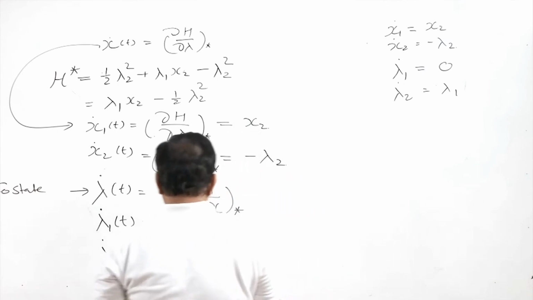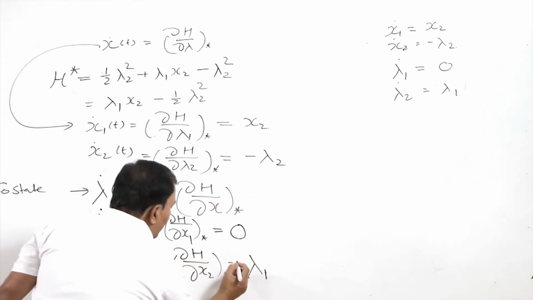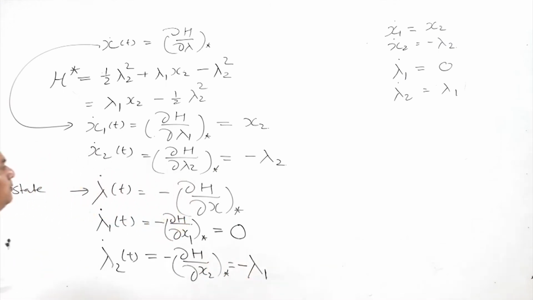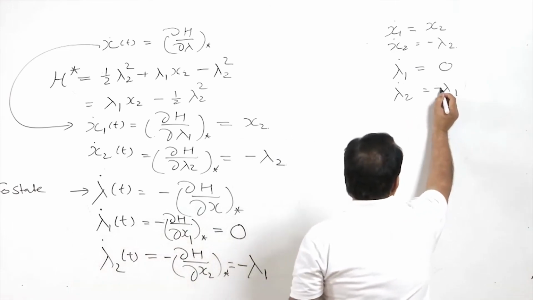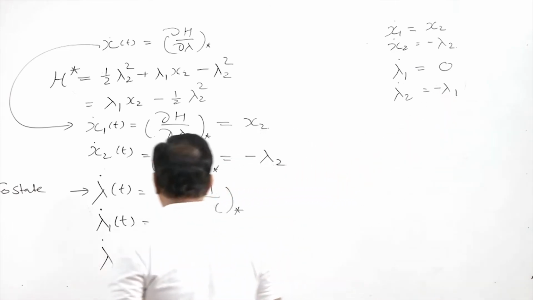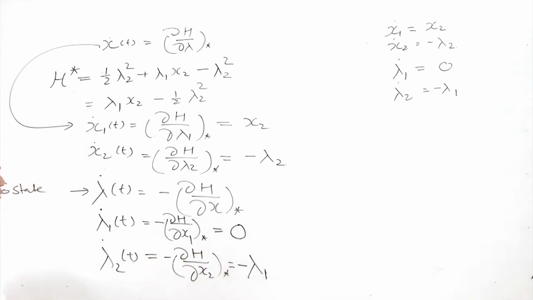Sorry, we made a mistake. Del h by del x2 is lambda 1 with negative sign, so this will be minus lambda 1. So lambda 2 dot is equal to minus lambda 1, because we missed this negative term initially.